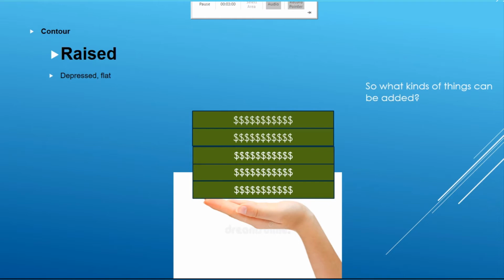And we'll talk about what kind of things can be added. But again, just a simple example, if you're adding $1 bills to a stack of $1 bills, that stack is going to get larger. Lesions are the same way. So the first thing that can get added are cells themselves.